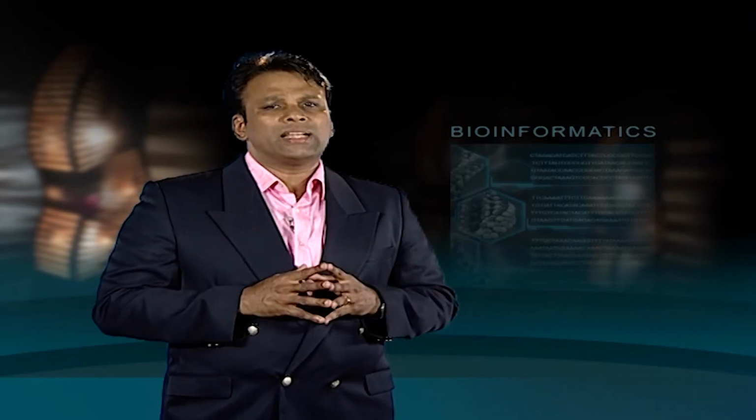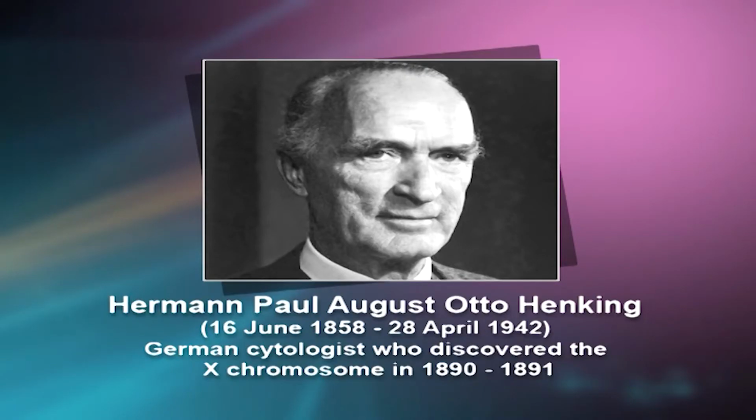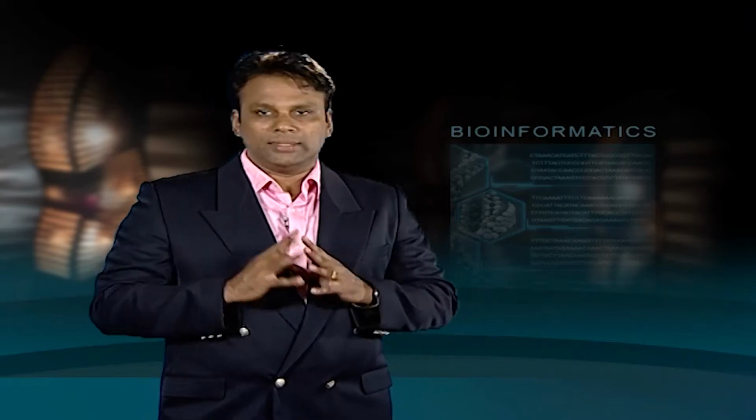The sex chromosomes are unique and they came from experiments conducted in 1891 by Hermann Henking, who was a cytologist and who discovered the X chromosome. He found that some wasp sperm cells had 12 chromosomes while others had only 11, and the mysterious 12th chromosome looked different from all others.